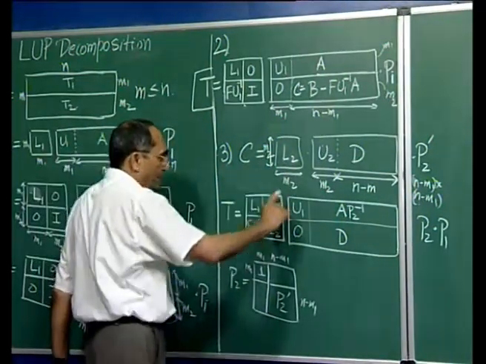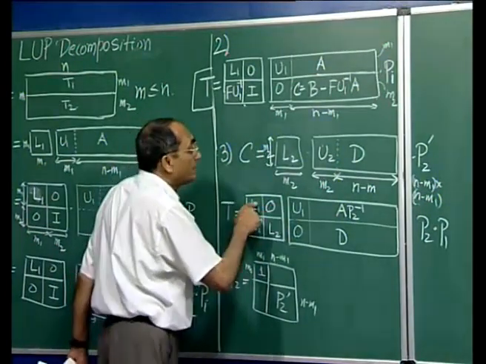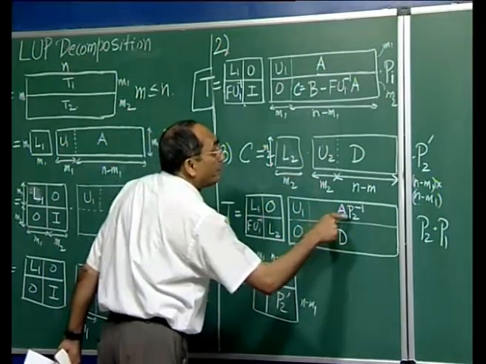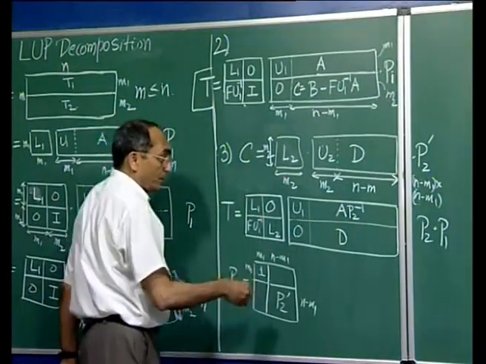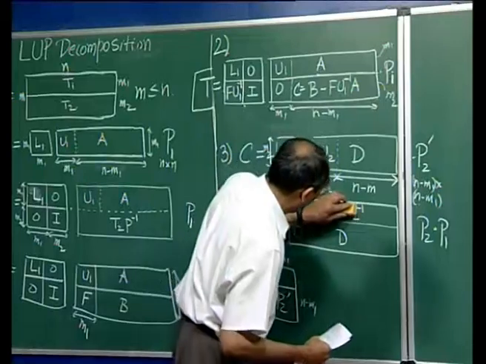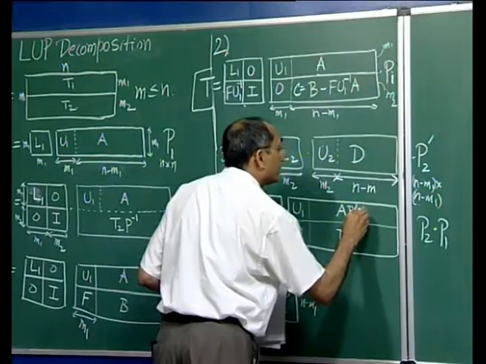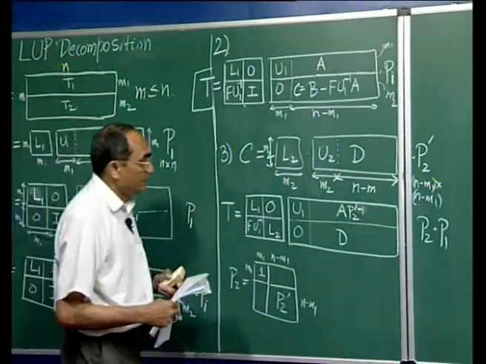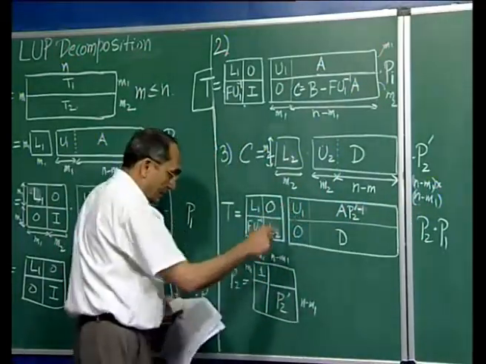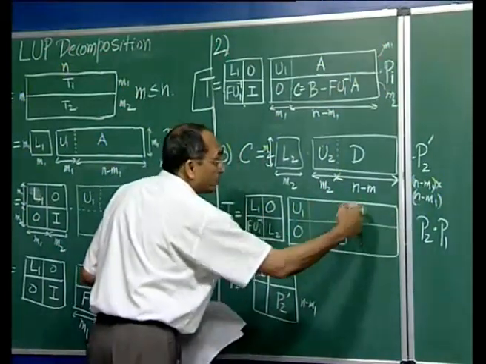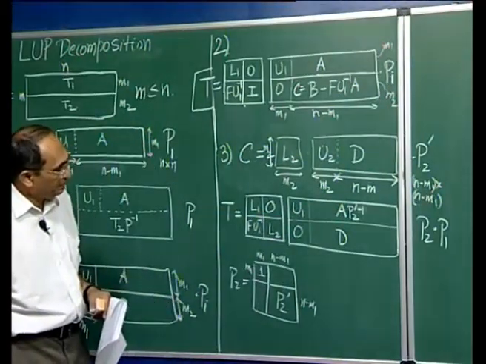Now, if you just look at the multiplication of this part, it is like L1 multiplied to U1, L1 multiplied to A P2 inverse. The reason we do not have to multiply anything here, P2 prime inverse, P2 prime, the smaller matrix is P2 prime inverse. The reason is that in P2, this portion is identity, which does not affect this fellow, and P2 prime is going to be multiplied to A. So, that is cancelled.